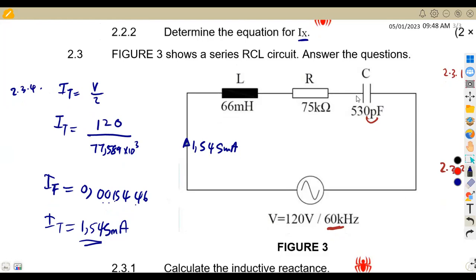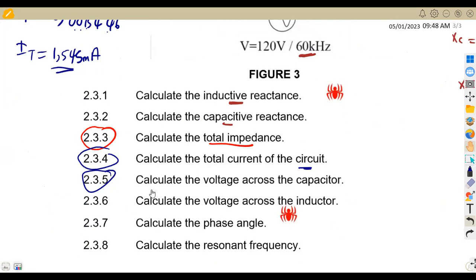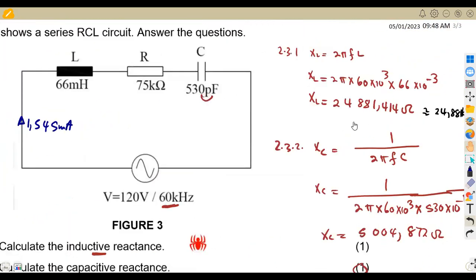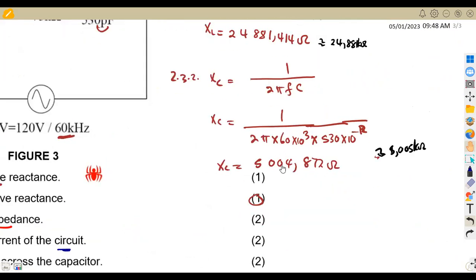If we have got current and the reactance, we can have the voltage. If we have got current and resistance, we can have voltage. So it is the same approach that we are going to apply to calculate the voltage across the capacitor. We are going to use the total current and the capacitive reactance that we got.